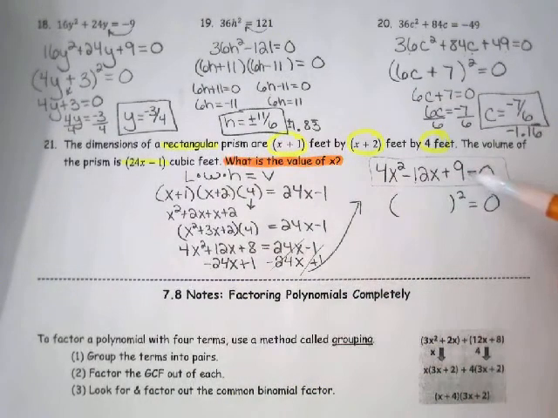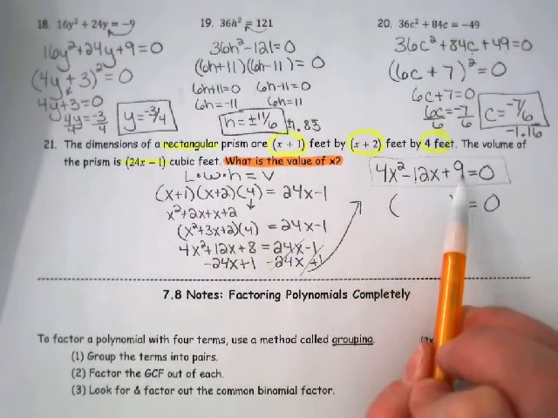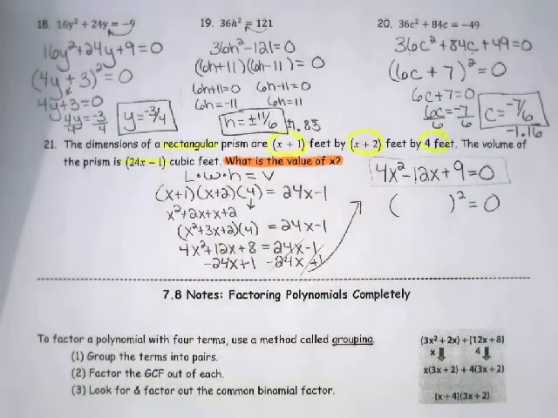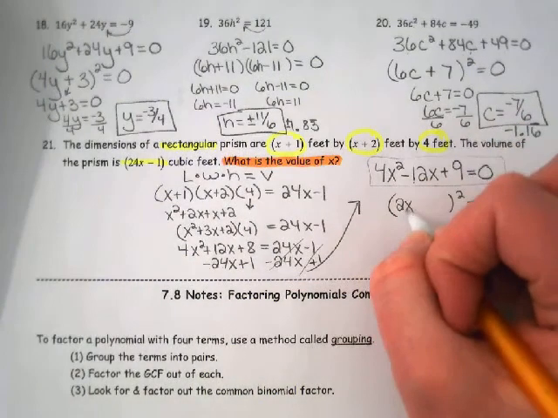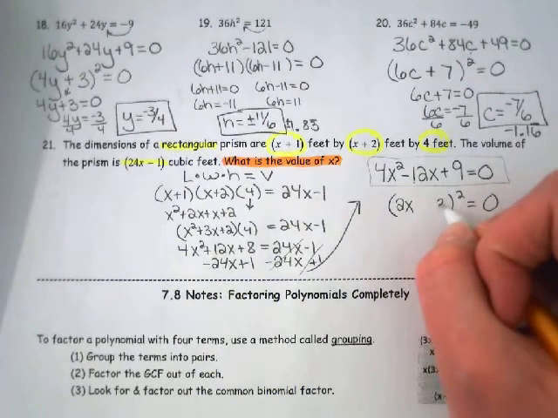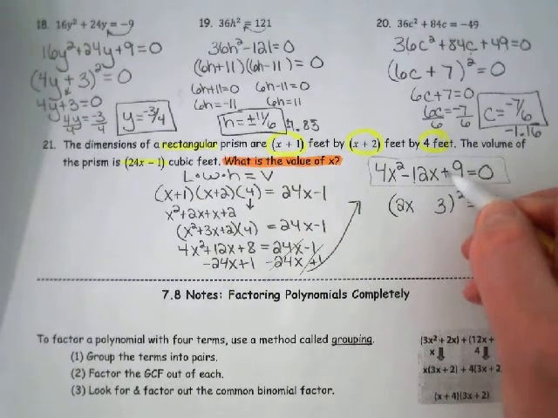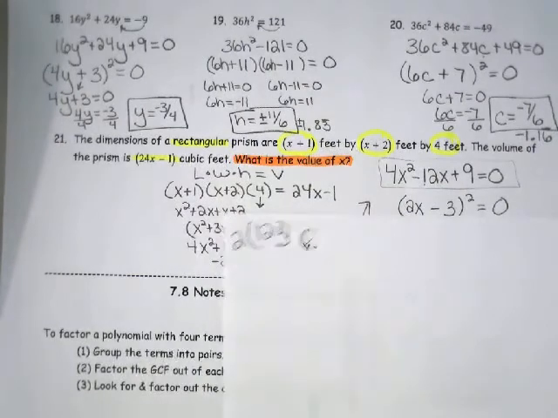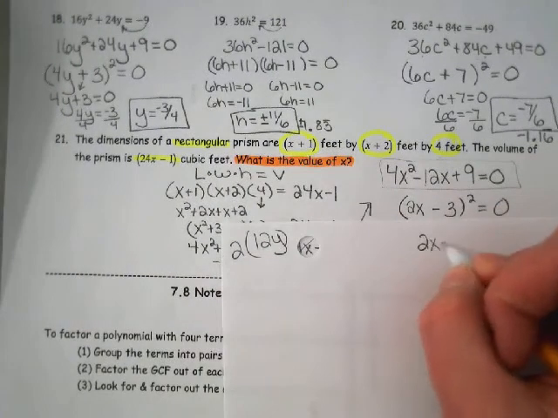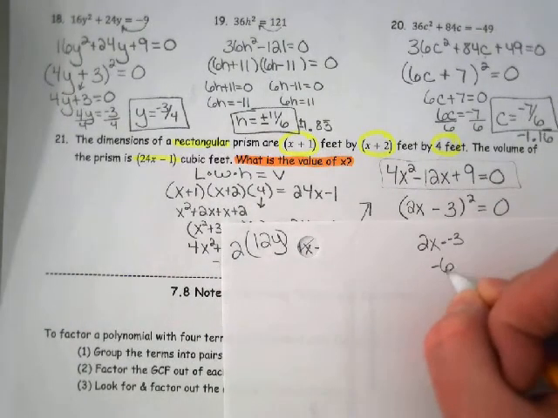And now this problem doesn't look any different than number 20. So in this particular question, you had to do a lot of work to get it to this point. Once you get it here, now you need to factor. And because it's a trinomial, and because the first and the last are perfect squares, we're going to try our shortcut.